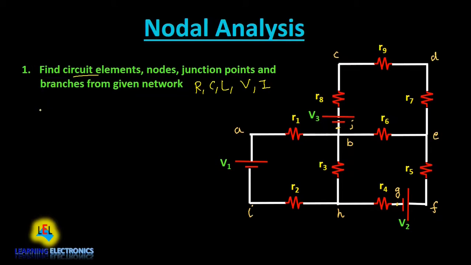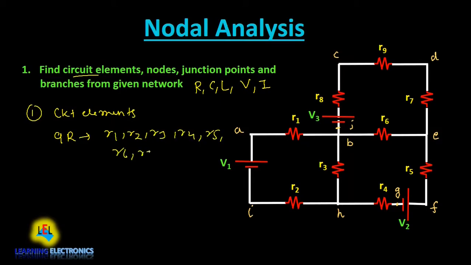So 9 resistors are there. And voltage sources are 3, V1, V2 and V3.